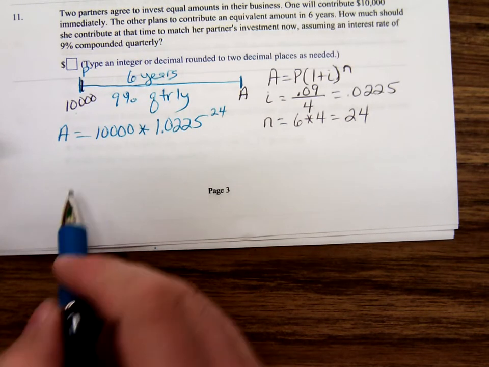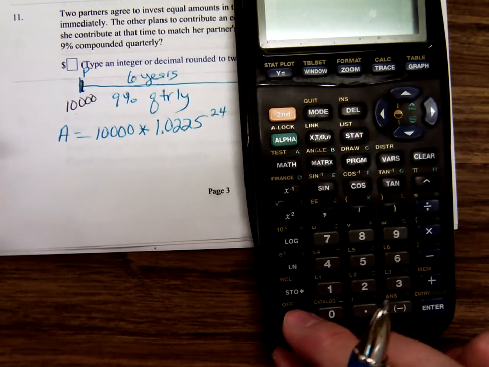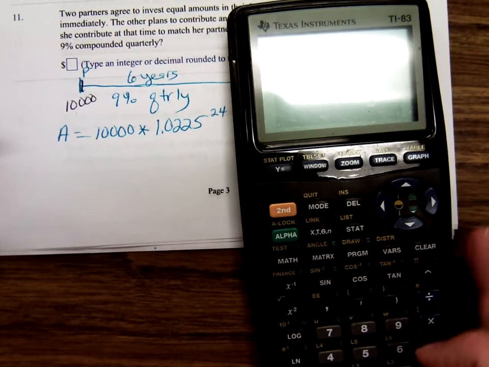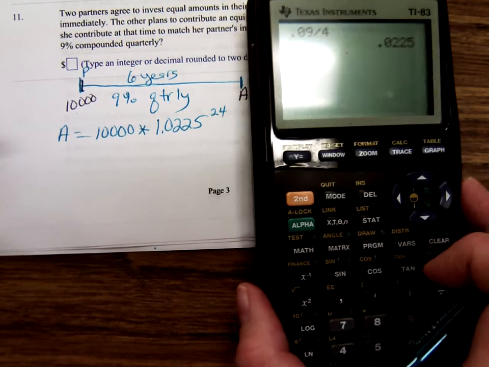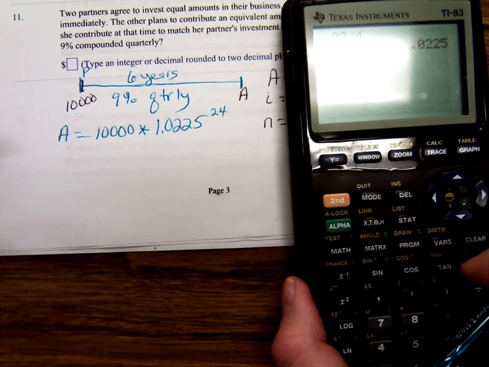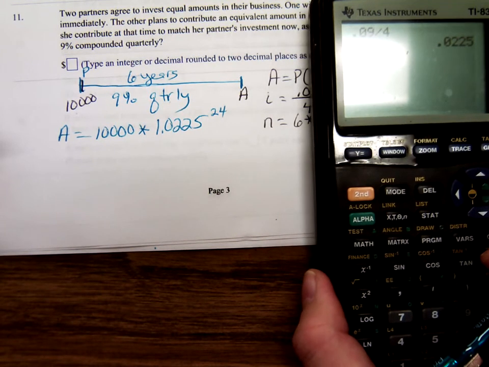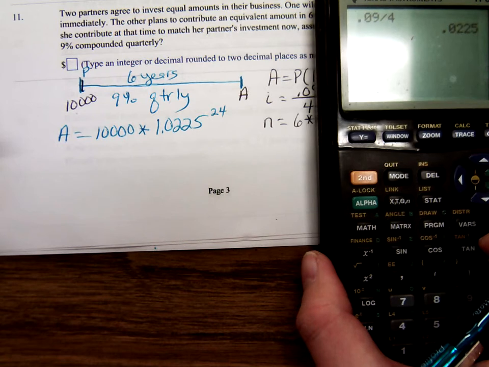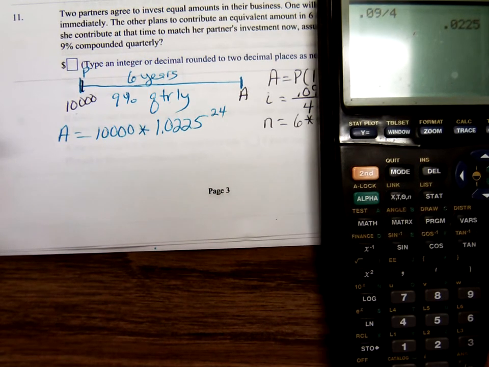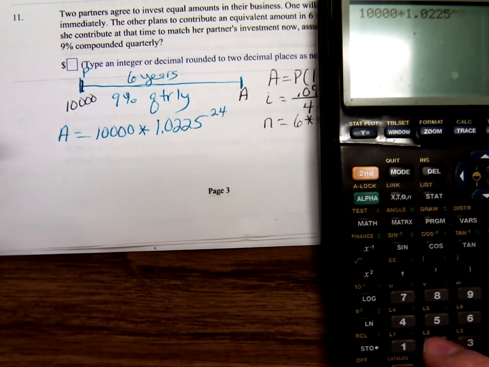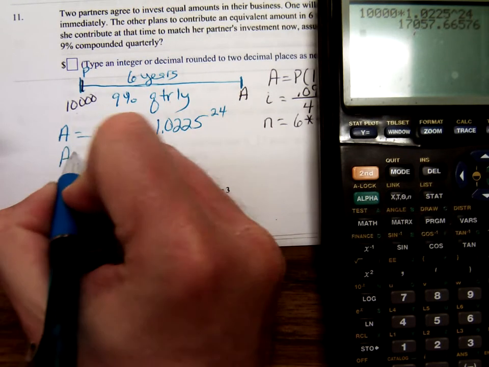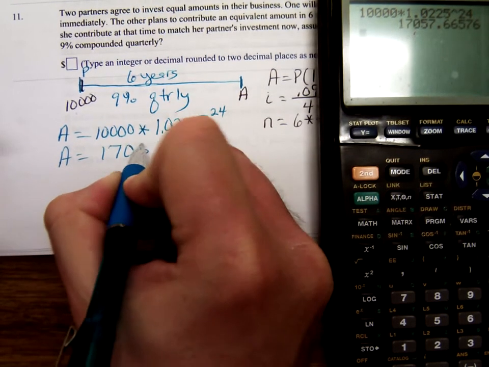So punching that in on this trusty calculator, which you can't see very well. Maybe it's a little less glare right there. So here I'm going 10,000 times 1.0225 raised to the 24th power, $17,057.